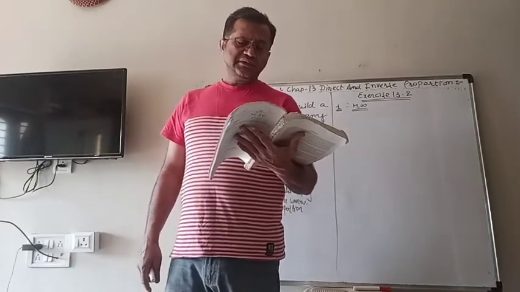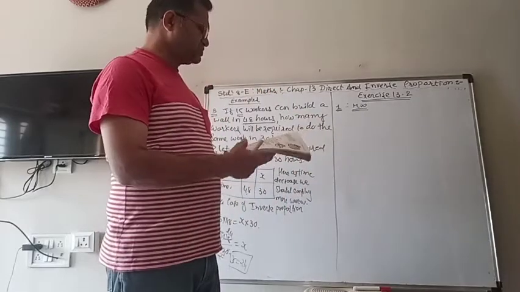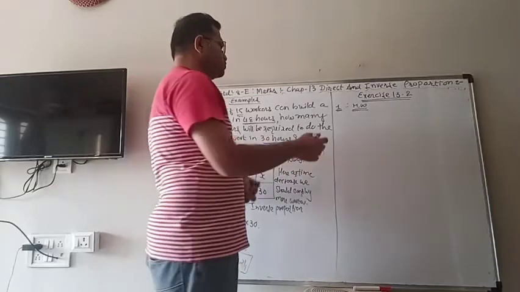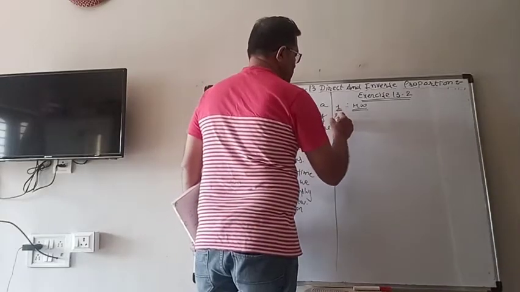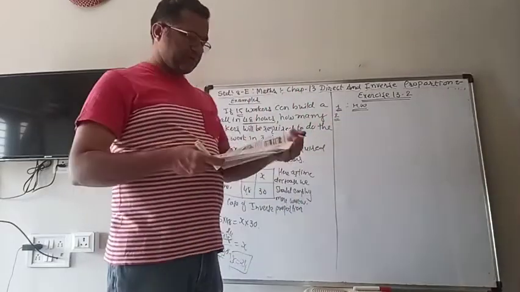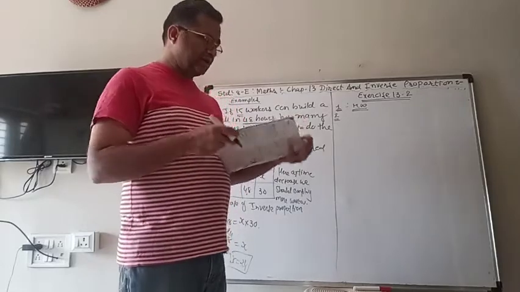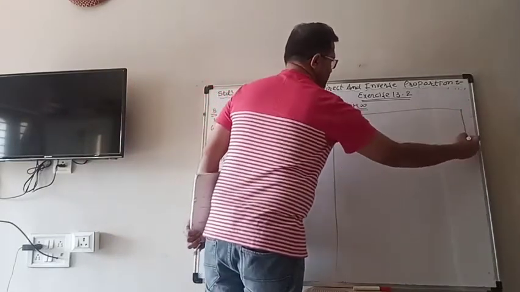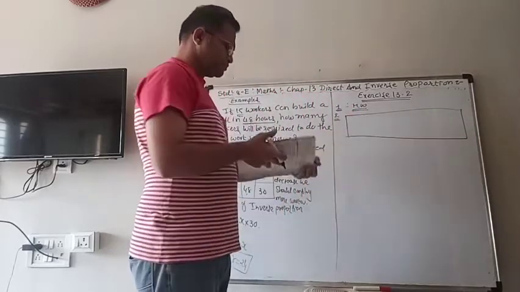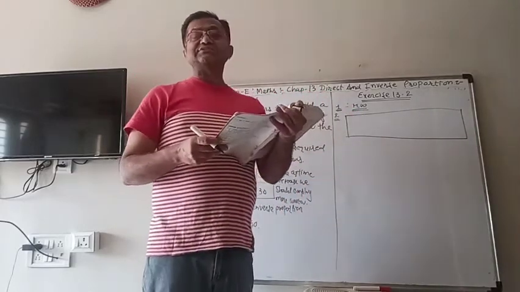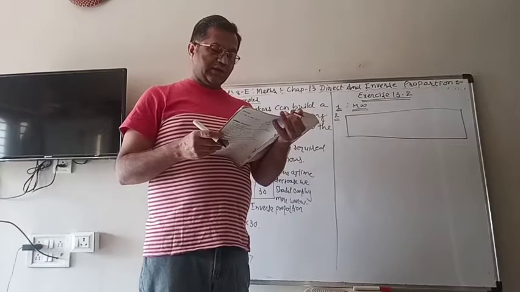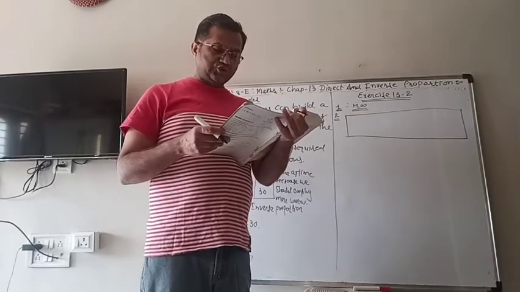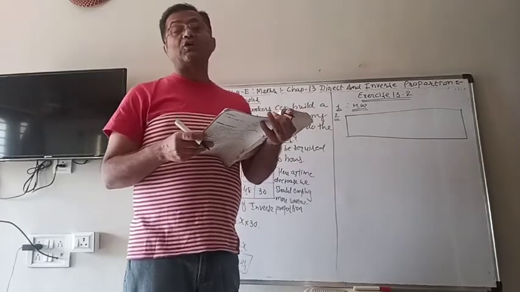So now let us start with question number 2. In question number 2, I am not writing the whole question, but we will only draw the table. What is given is that in a television game show, the prize money of rupees 1 lakh is to be divided equally amongst the winners.